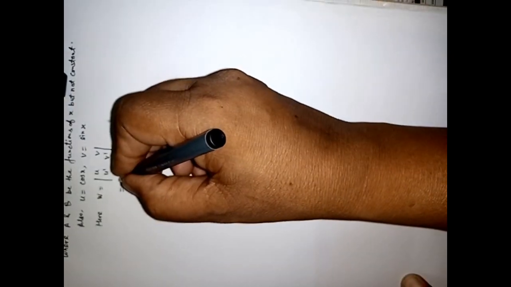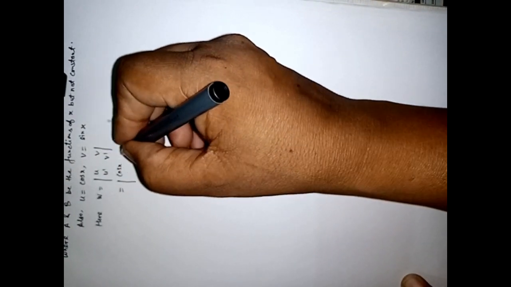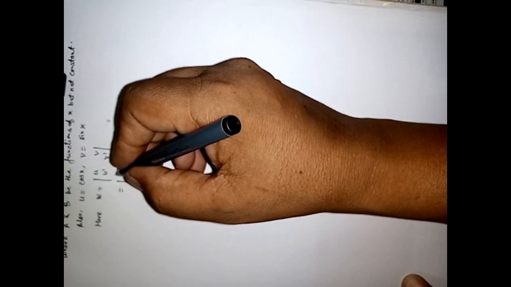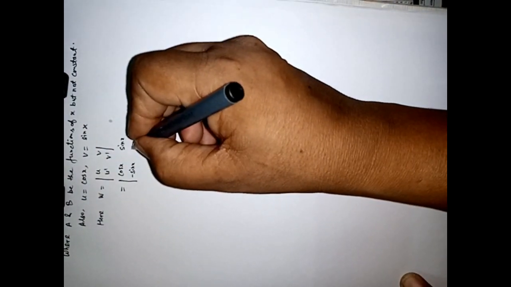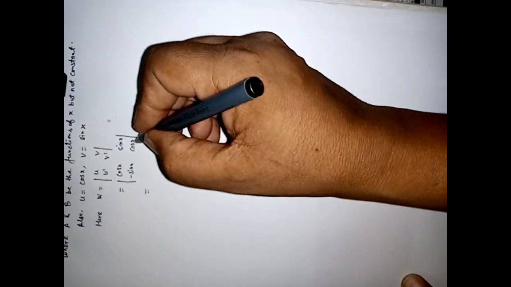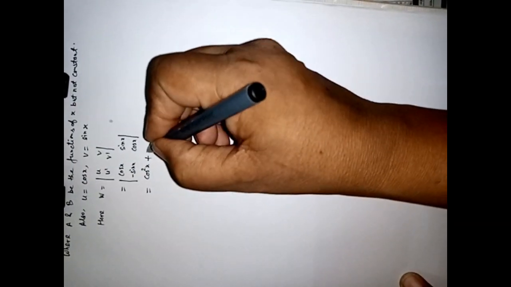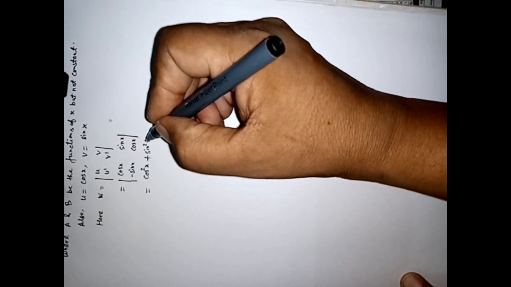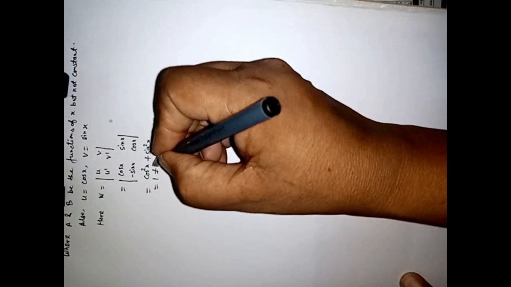So this gives u means cos x, v that is sin x, u dash minus sin x, v dash that is cos x. Now solving the determinant, here cos square x minus minus, that is plus sin square x, and this is equal to 1 which is not equal to 0.